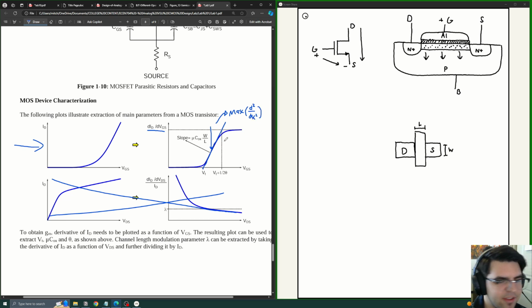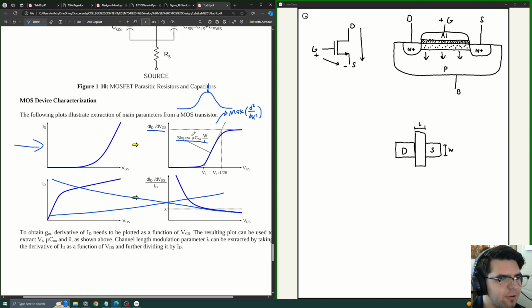So your second derivative curve is going to look like this. You find the x value where the max occurs, and that's where the tangent line of the slope that we're talking about is.